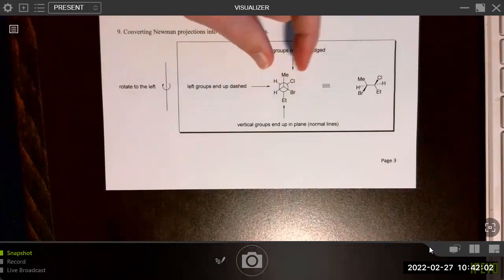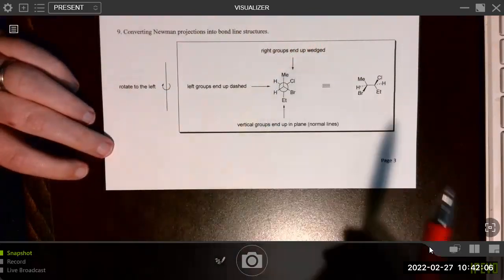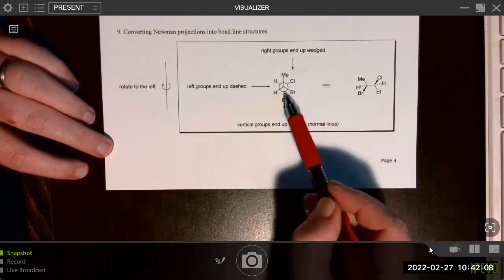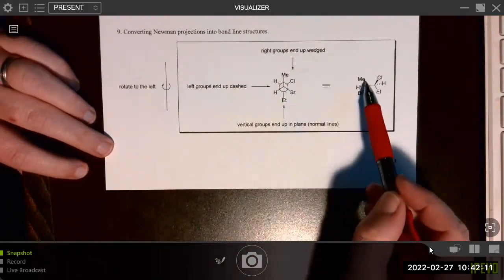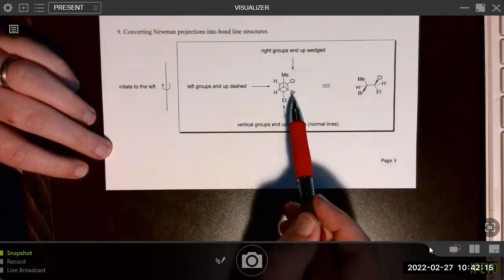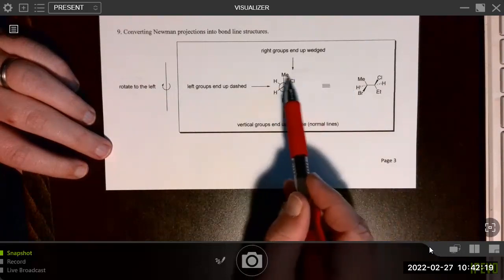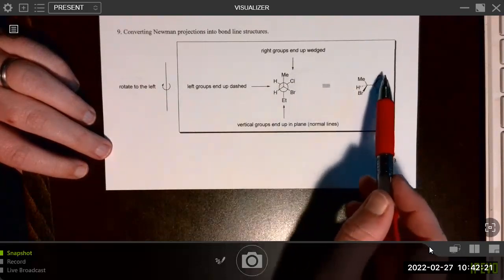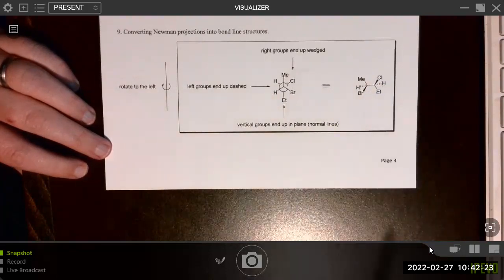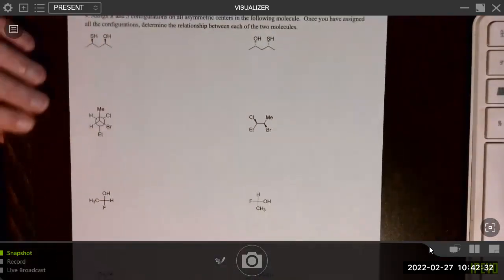And if you rotate this to the left, what we'll see is that the carbon backbone, which is the methyl carbon carbon ethyl, right, is now drawn in a zigzag here. And then the bromine and hydrogen are on a wedge and dash, and the chlorine and hydrogen on the back carbon are also on a wedge and dash. We're able to go back to the dash wedge from a Newman projection, and that could be helpful as well.